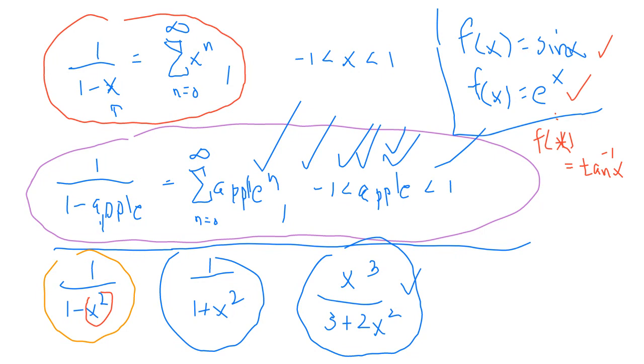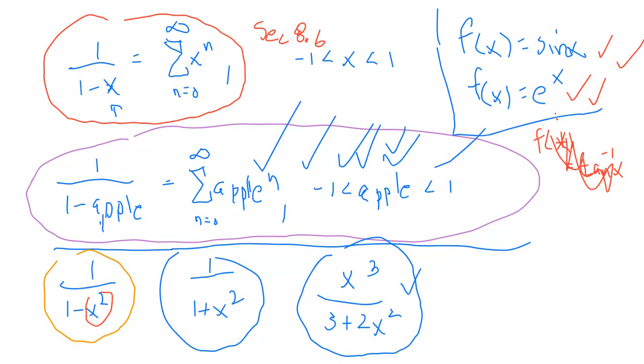Well, the arctangent of x, actually, you could use section 8.6 to help you with that, right? That's shown in the book. But certainly these two functions here, the sine of x and e to the x, section 8.6 is not going to be helpful for us to get the power series for those functions. Now those functions, you notice they're differentiable and they're continuous.